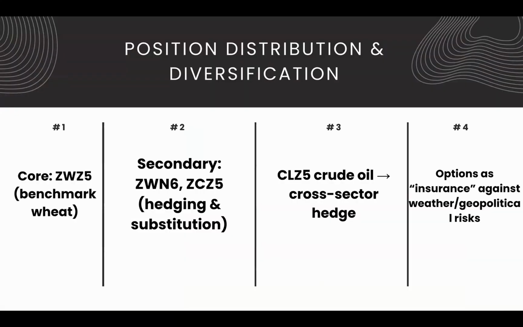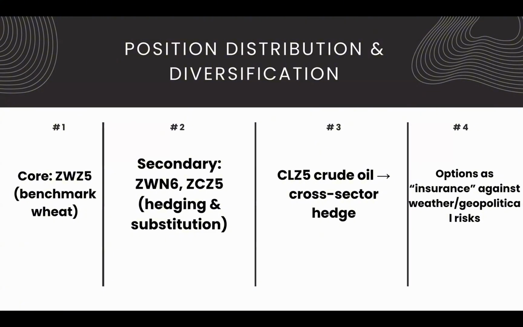The portfolio's core position was always ZWZ5 wheat futures, reflecting its importance as a benchmark in the wheat market. ZWN6 and ZCZ5 served as secondary positions. These were important for seasonal hedging and for capturing substitution effects between wheat and corn.